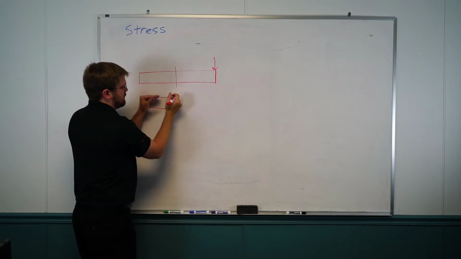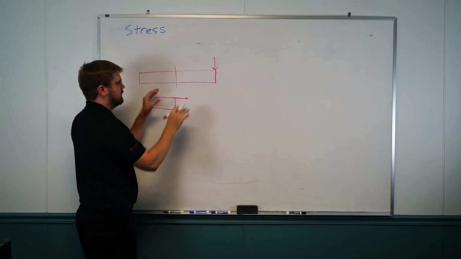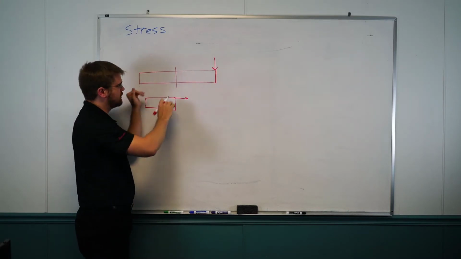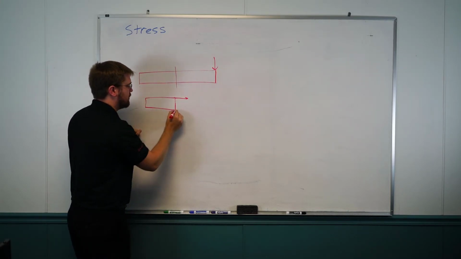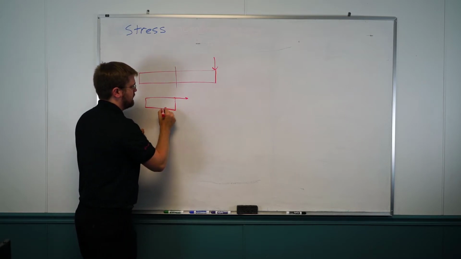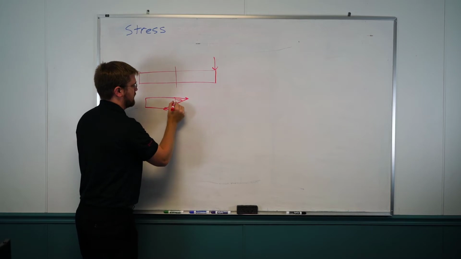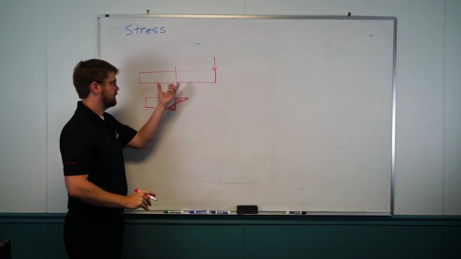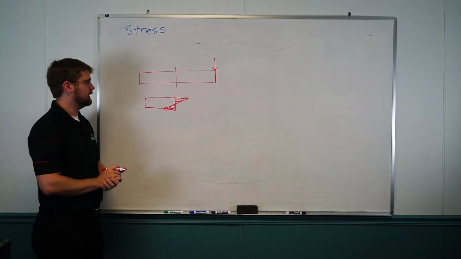On the top, I would expect it to be in tension. If you're bending something, it puts the top in tension. On the bottom, we likely see compressive stress, stress in the other direction. And so it varies from section to section. Frequently, we'll assume linearly. For a simple beam like this, it should be linear.